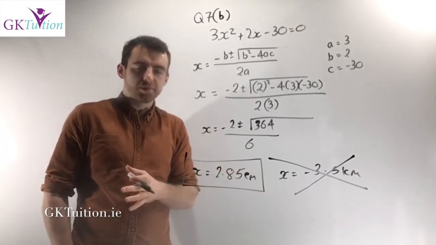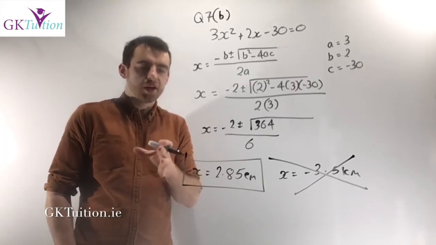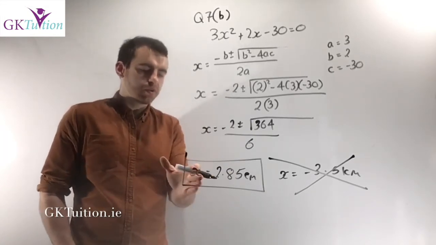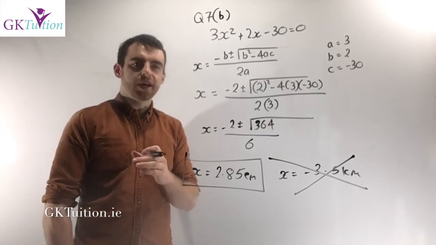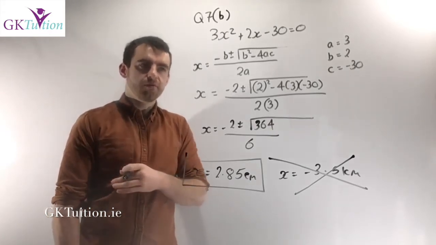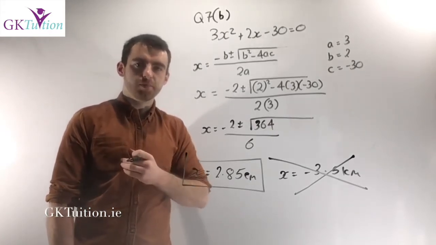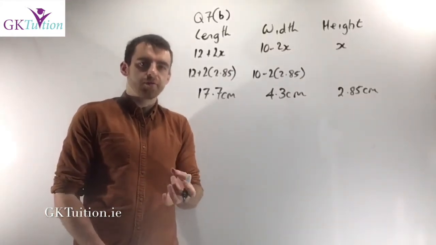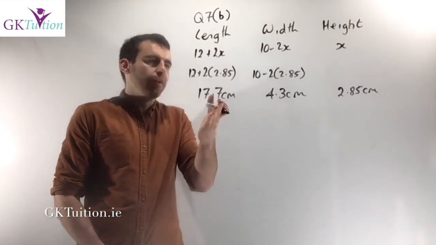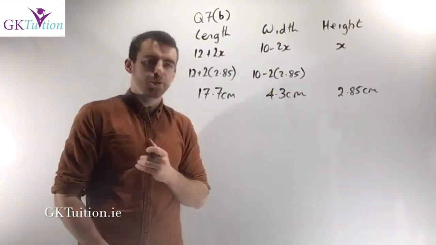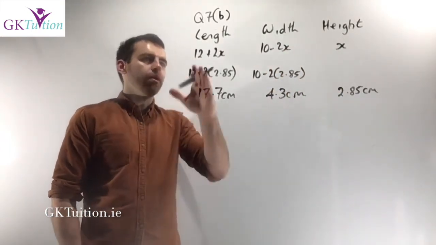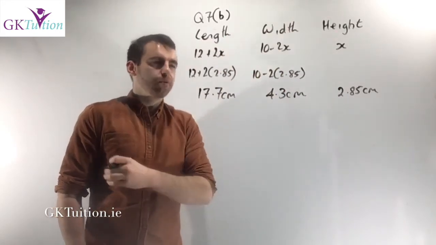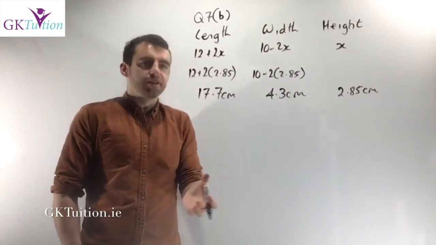Now, the question asked me to work out the dimensions. So let's go back to the dimensions, sub in this x value, and we'll be able to work out the actual length, width, and height for the maximum possible volume of this box. So the dimensions that would create the maximum possible volume of the box, I can find them if I simply sub in x equals 2.85 centimetres. Now I'm calling this length, width, and height, but it really doesn't matter. You could call it whatever you want. You could use breadth.